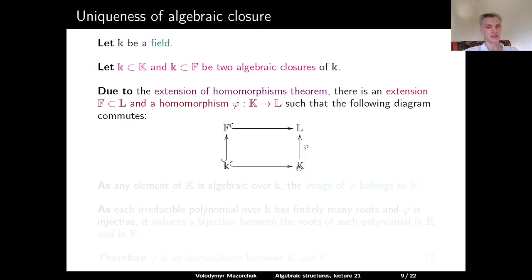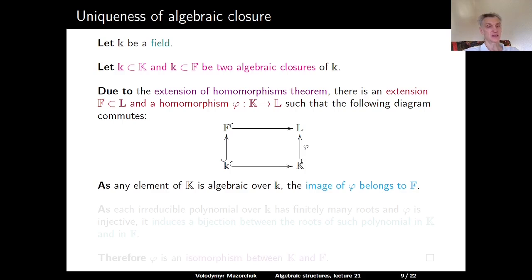So our little k is inside capital K and is inside F, and we can extend F to L, such that the embedding of little k to F extends to a homomorphism from capital K to L. We call this homomorphism phi.